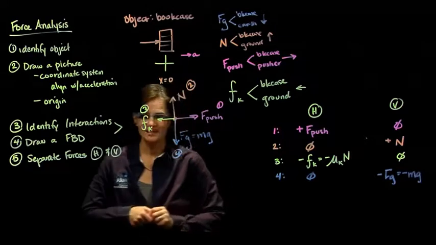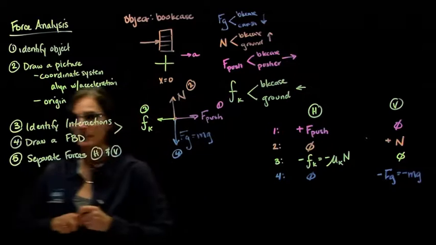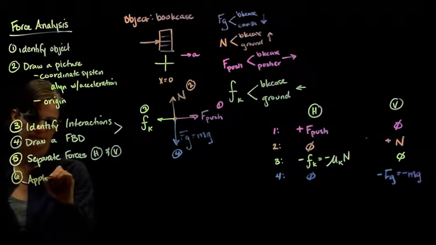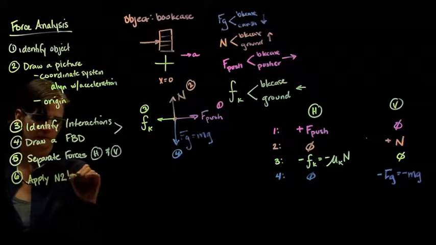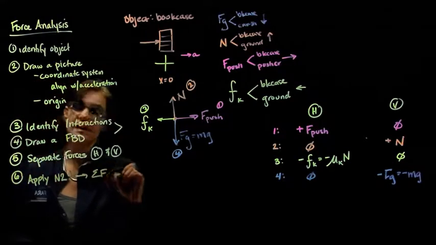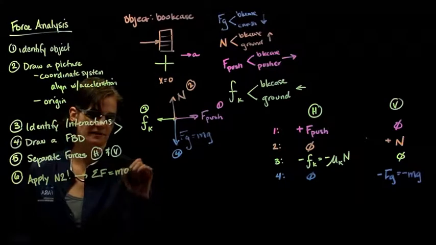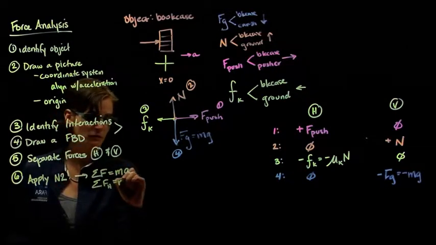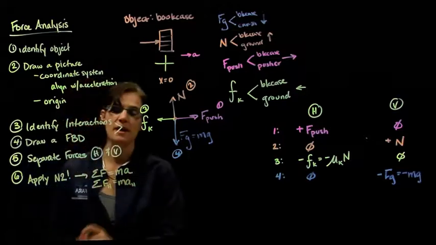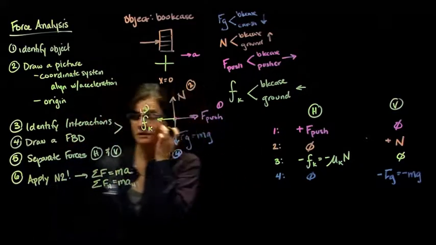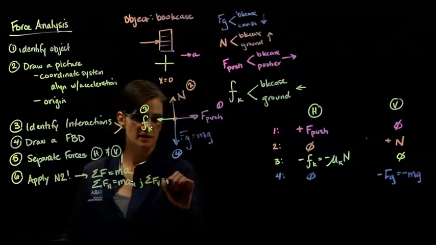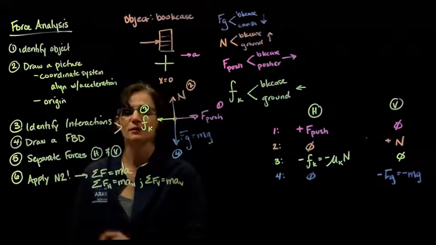All right, so the next thing that we do is apply Newton's second law. This is the one that says the net force is equal to the mass times the acceleration. Keeping in mind that means the horizontal net force is equal to the mass times the horizontal acceleration, and the sum of the vertical forces is equal to the mass times the vertical acceleration.